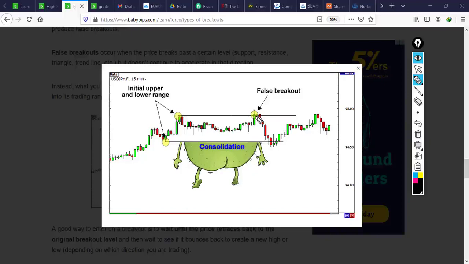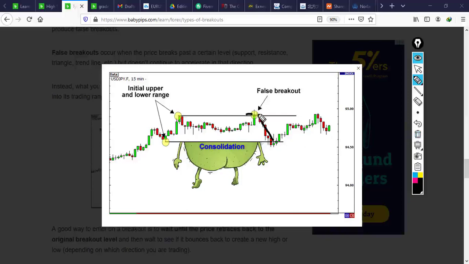If you zoom in very well, you see the green candle closing above this horizontal line. But what do we see? The next candle was a doji, and what happened? Instead of continuing to the top side, price rallied down. So here is a false breakout, or as many traders would say, a fakeout.